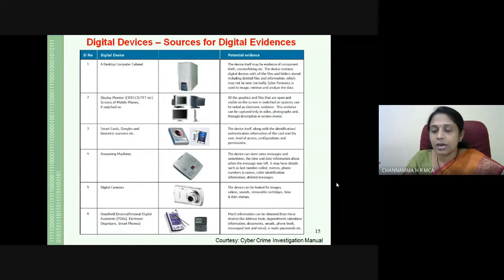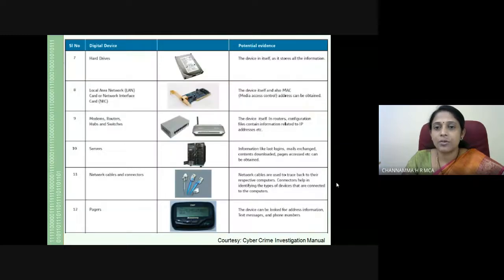After taking control of all this, the investigating officer has to take care that he should not switch on the device if it is off, and if it is on, he should not switch it off either. In that manner, he has to protect the actual digital evidence.